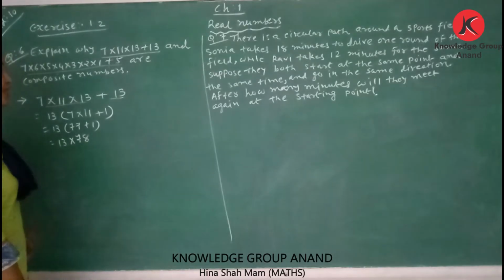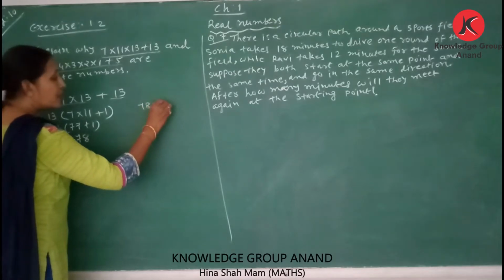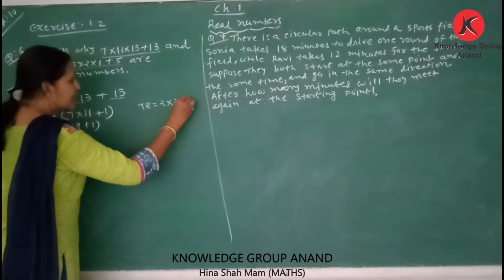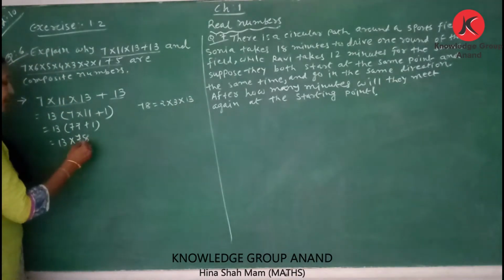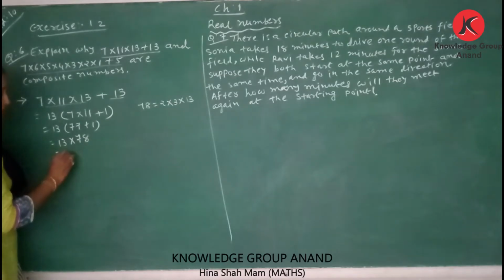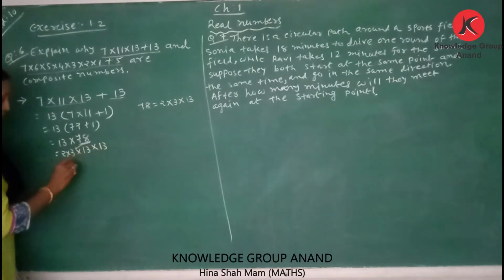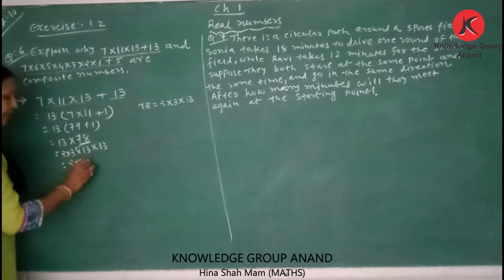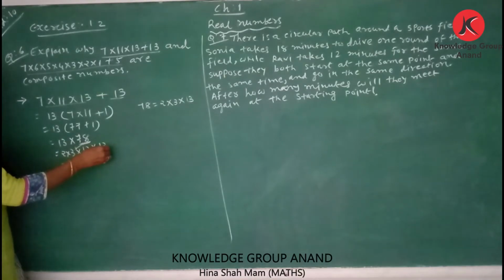Now factors of 78. Factors of 78: 2 3s are 6, 6 13s are 78. Therefore, here we write 2 into 3 into 13. Factors of 78 are like this: 2, 3 and 13. So it is 2 into 3 into 13 square. It has more than two prime factors.